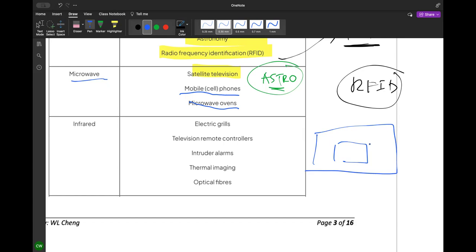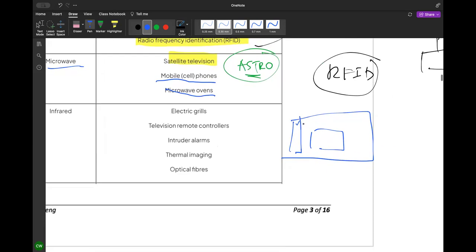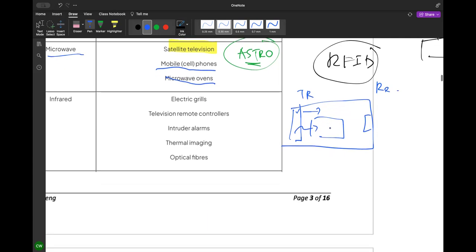Why does it get cooked when you put it in? Okay, in the microwave, there is a transmitter and receiver. So microwave, what is in the food?